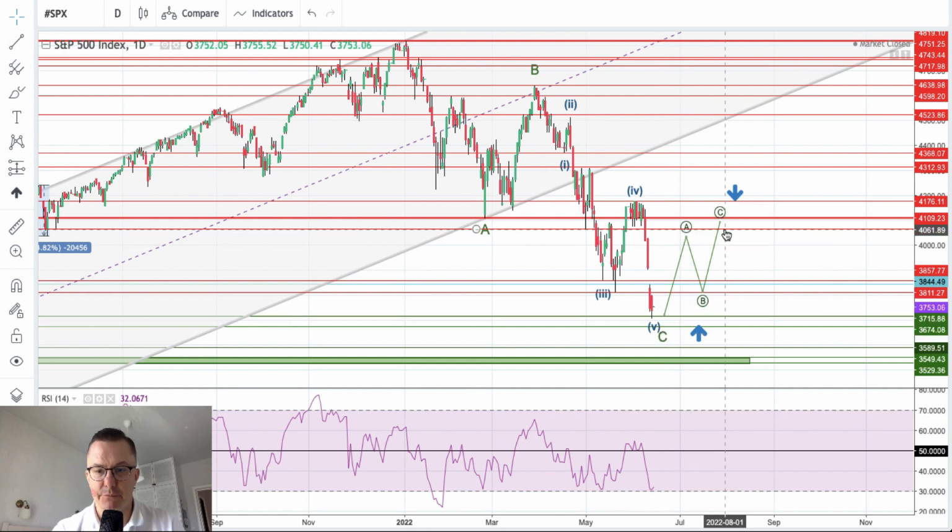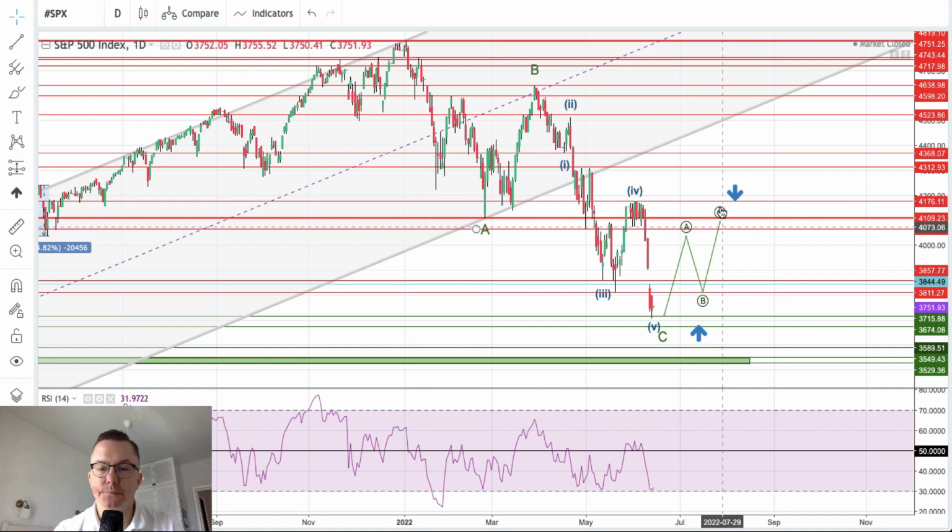As you can see, I have put a bounce in 3 waves to the upside. So we got wave A, wave B and wave C. Possibly the market during the bounce should retrace towards the level of 4,000, to be more particular towards the zone between 4,064 and 4,176.